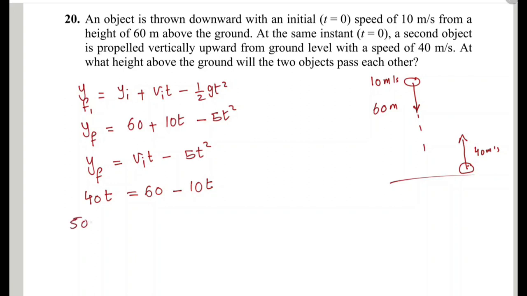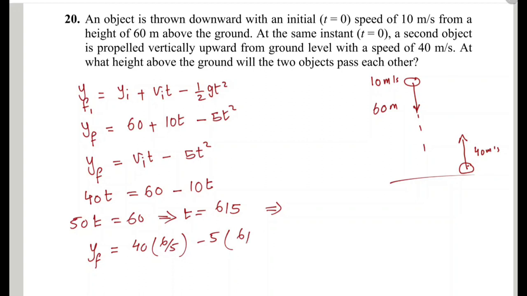So 50t equal to 60, and from this t will be equal to 6 over 5. After all, y final equal to 40 times 6 over 5 minus 5 times 6 over 5 square, which is 48 minus 7.2, almost 41 meters.